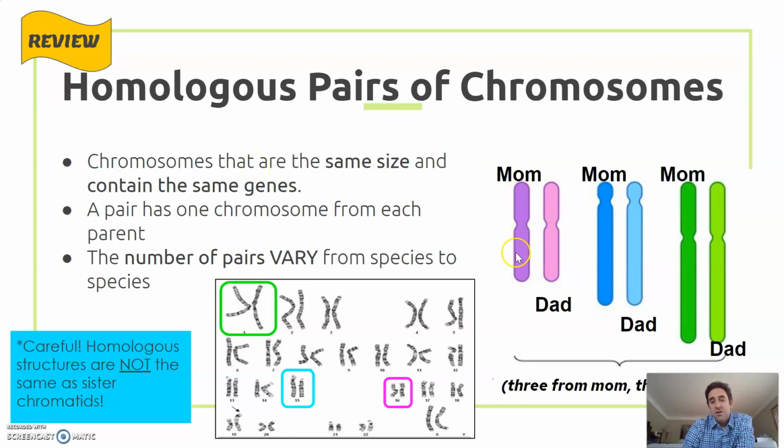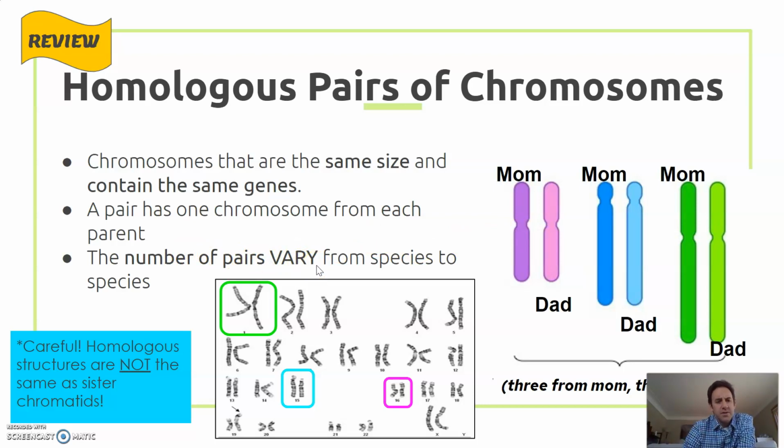So this one may code for, say, brown eyes, and this one might code for blue eyes. In a later unit, we're going to figure out, if you get a brown and a blue, how do you decide what color your eyes are? So these are non-identical copies, not the same as sister chromatids. And the number of pairs will vary from species to species.